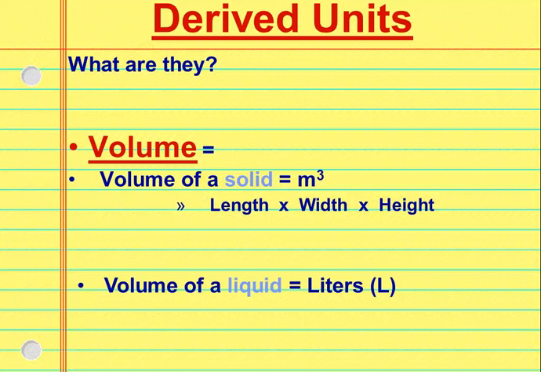Length has a unit of meters, width a unit of meters, and height a unit of meters. So when you multiply all three together, you get the derived unit of meters cubed. That's what my answer would have as a unit.